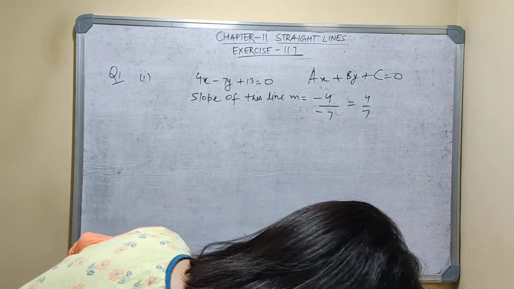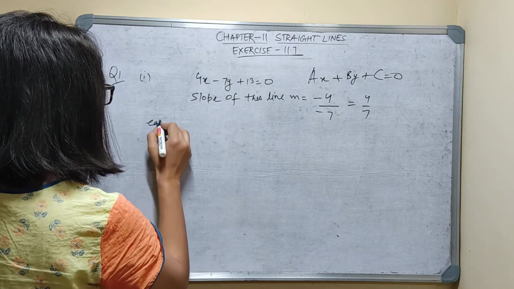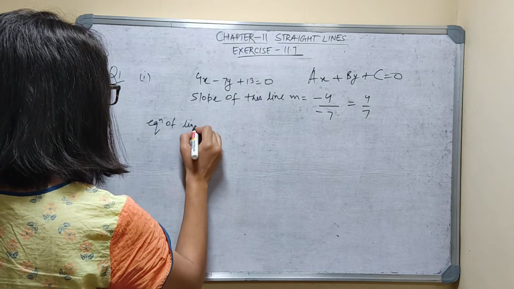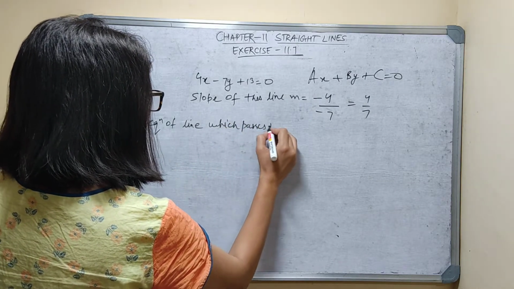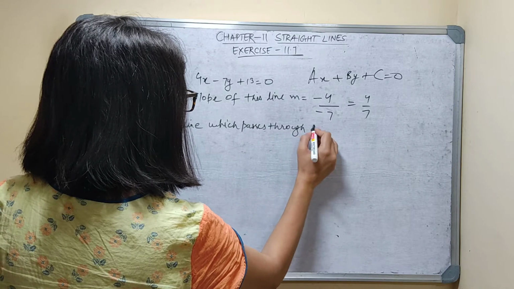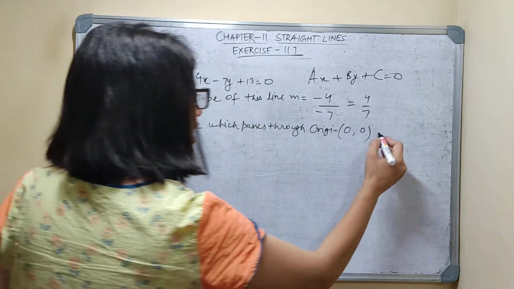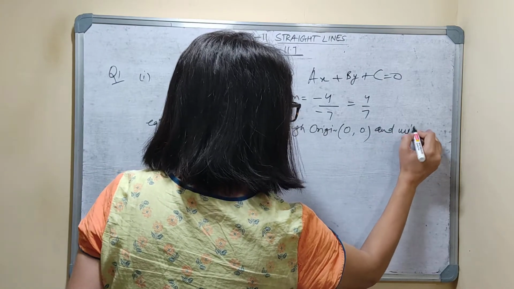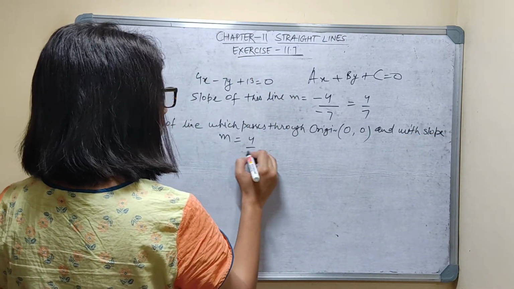Now the equation of the line which passes through origin, that is 0, 0, and with slope m equal to 4 by 7.